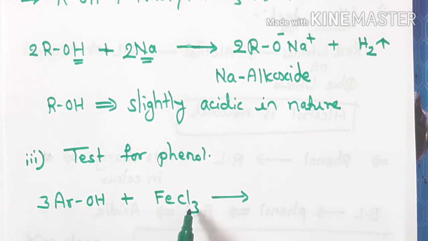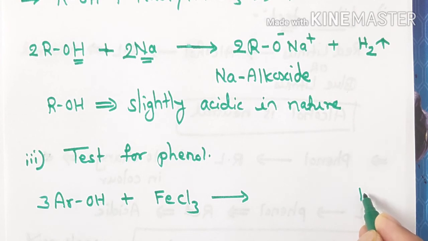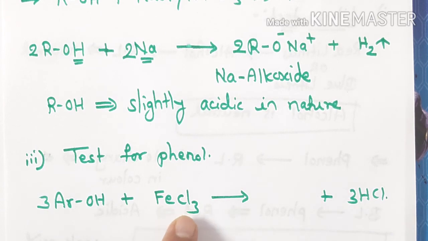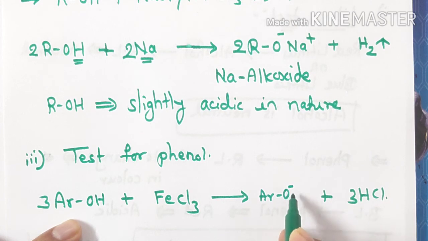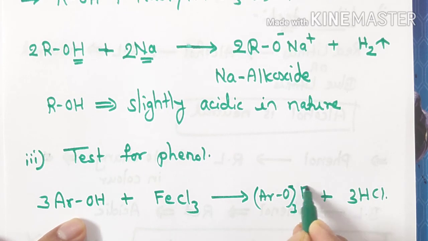This 3H combines with 3 chlorine to form 3HCl. Now chlorine goes away and ArO is left, so ArO minus, which is 1 negative charge. So I require 3, and I will write 3ArO with Fe, and this is a test.